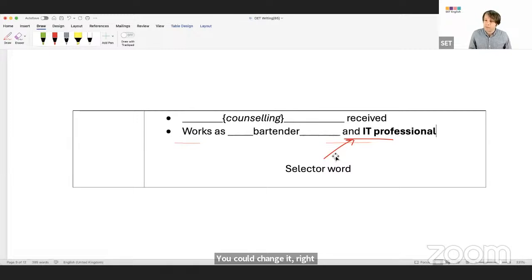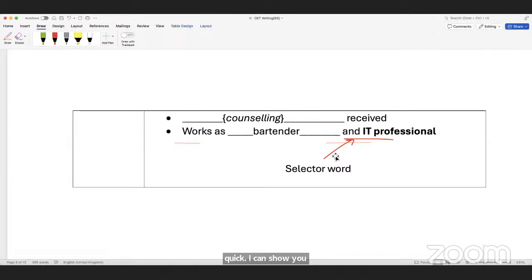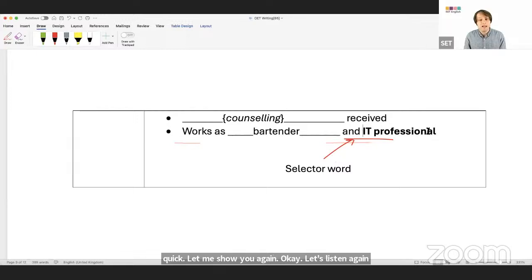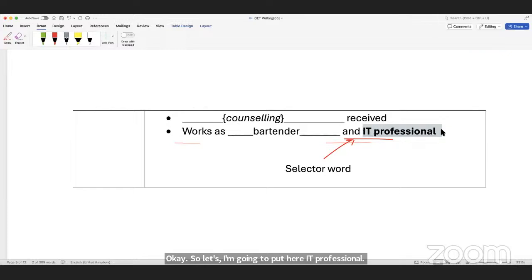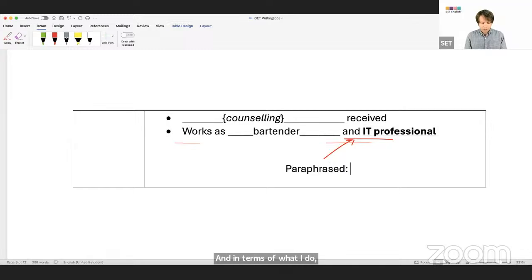Okay, what's the answer? Bartender. It's bartender. Did I say I was also, did I say that? No, I paraphrased it. I said I work for a tech company, whatever, right?